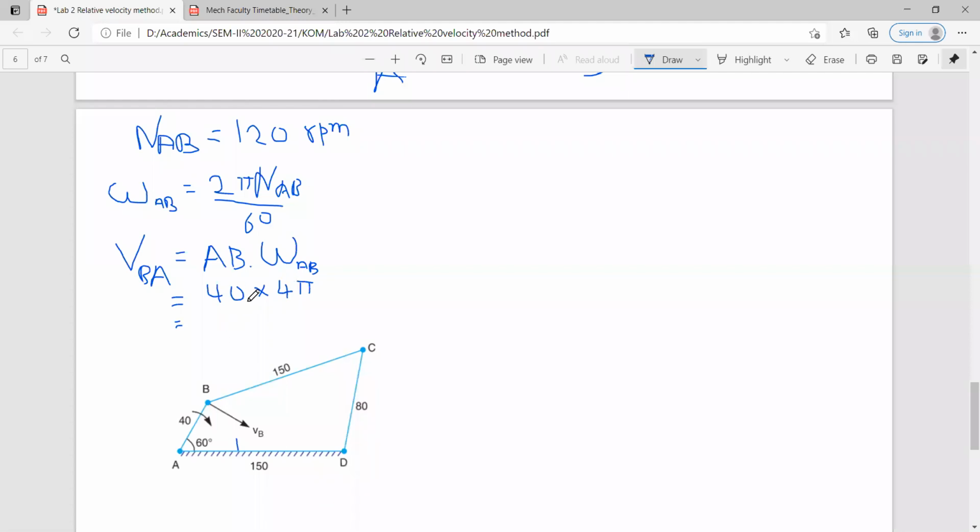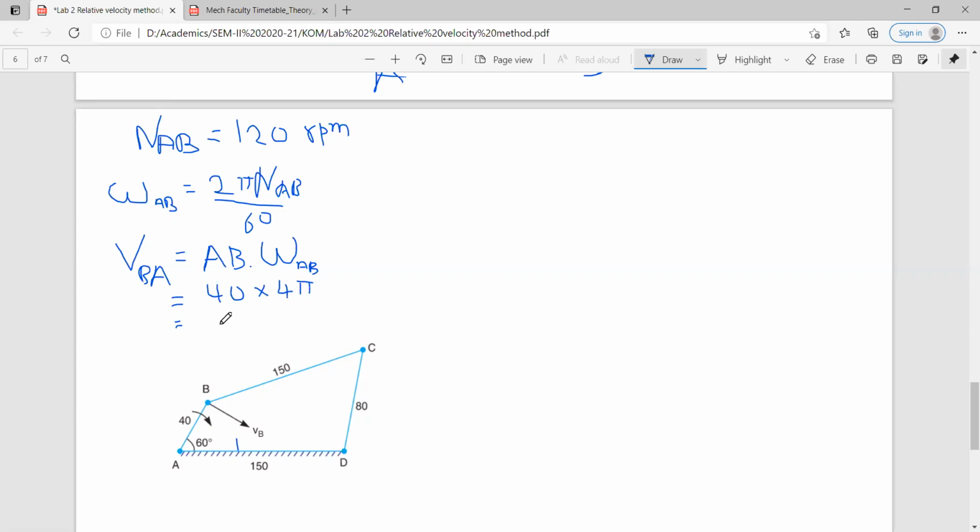So what is important here is that you have to take the original distance between point A and B. Suppose if you have already reduced the distance between them, in order to select the proper scale, then you need to multiply it by the scale.